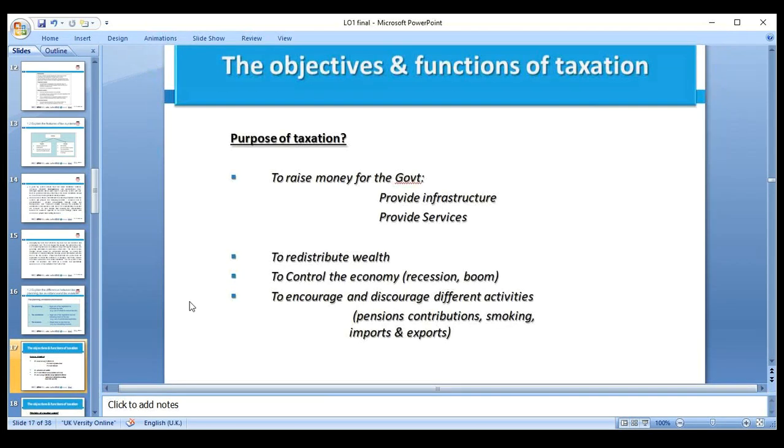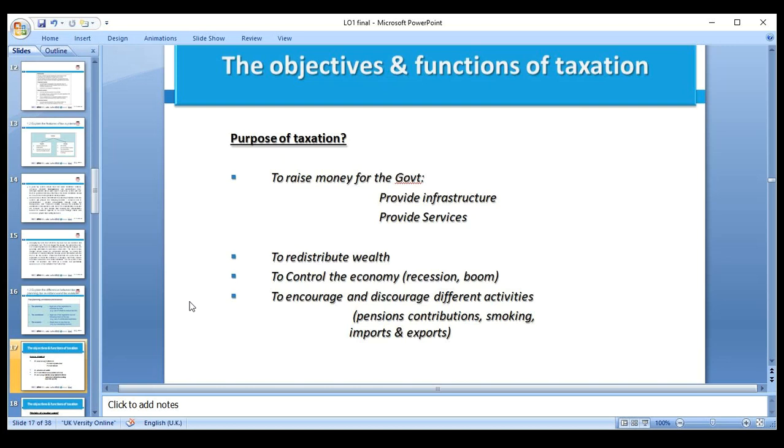Next, we have the objective and the function of taxation: to raise money, of course, for the government, provide infrastructure, provide services, redistribute wealth, control the economy through recessions and booms, and encourage and discourage different activities: pension contribution, smoking, import, export, all.